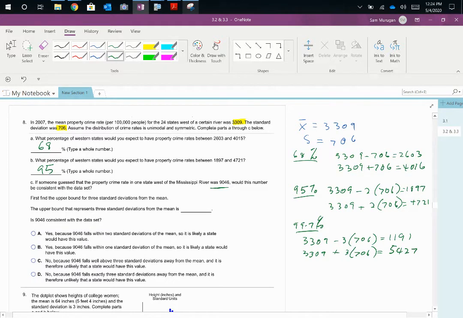So clearly, 3 standard deviations from the mean has an upper bound of 5427. 9046 is way above that, so it's not going to fall within 3 standard deviations. It is therefore unlikely that a state would have this value.